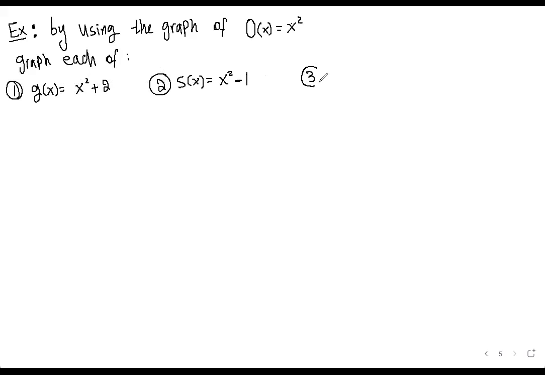Number 3, D of x equal x plus 2, everything squared. Number 4, L of x equal x minus 3, everything squared. So I give you around 1 minute to think how we can graph each of these functions, okay?